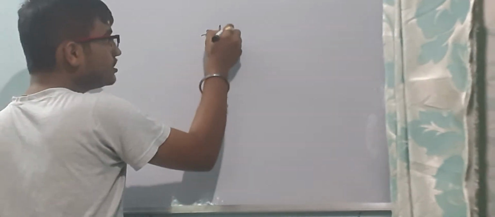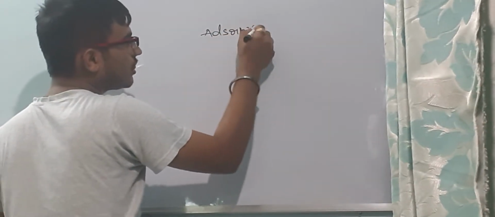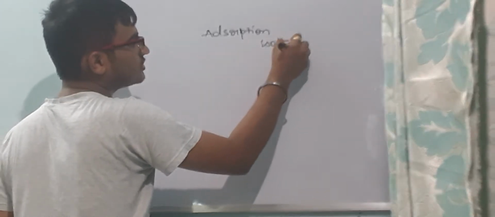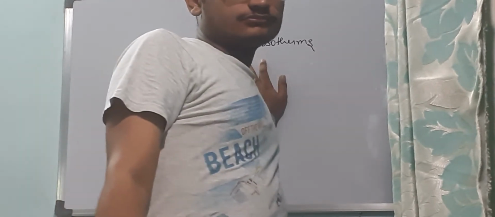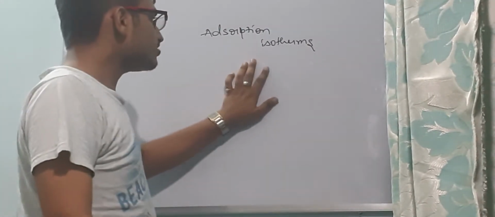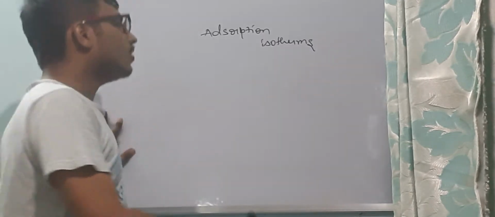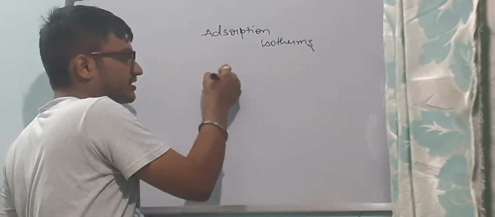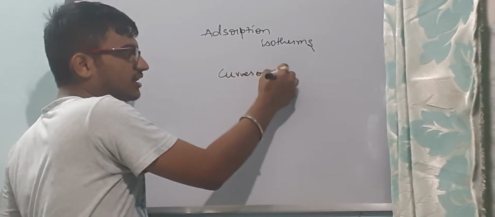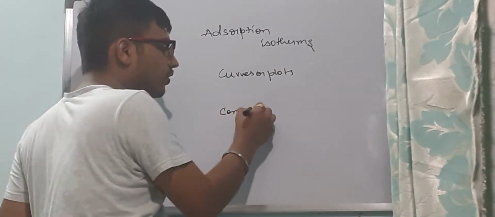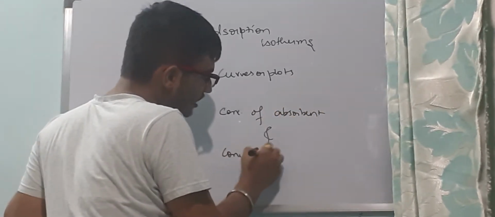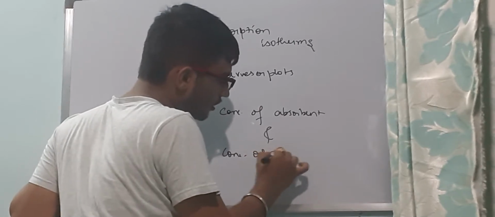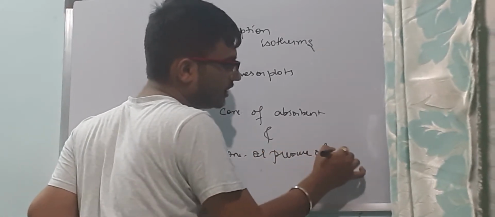Adsorption isotherms. These adsorption isotherms are the curves or plots that give the relation between concentration of adsorbent and concentration or pressure of adsorbate.